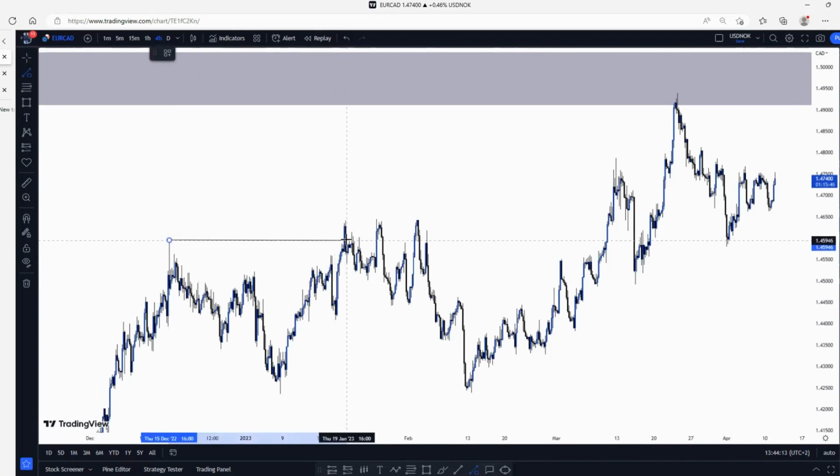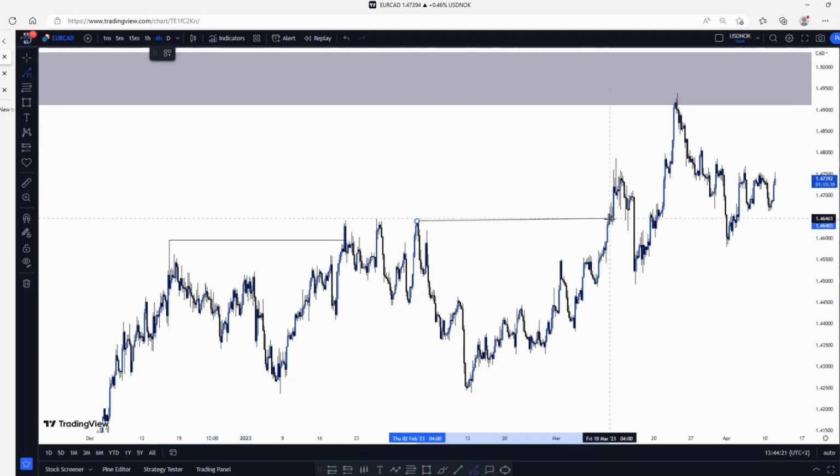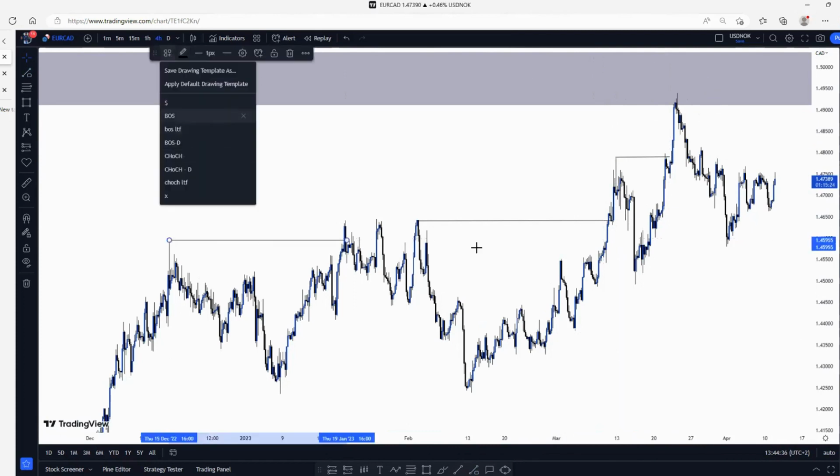Block of structure, after the block of structure, what to expect? A pullback. Right, so this was our block of structure. This was our block of structure. And this was our block of structure. But as we are looking at the price here, to be looking at it from there. Okay, let's just do this quickly.